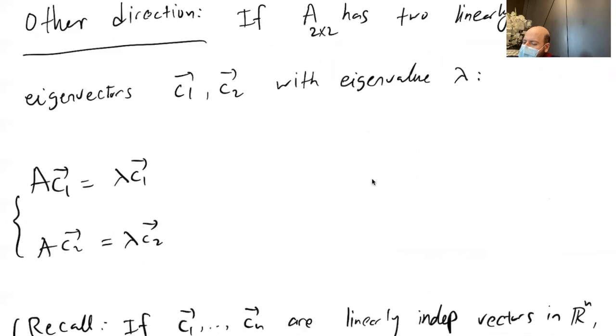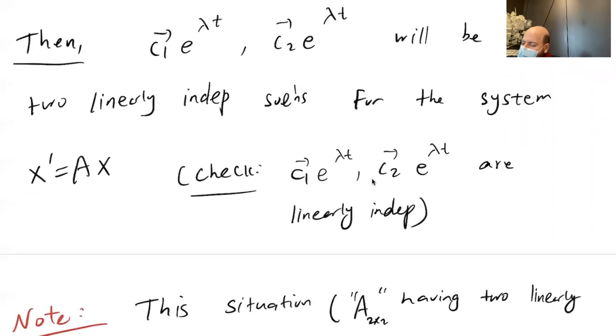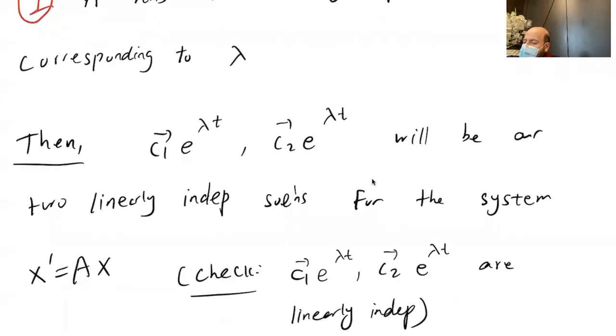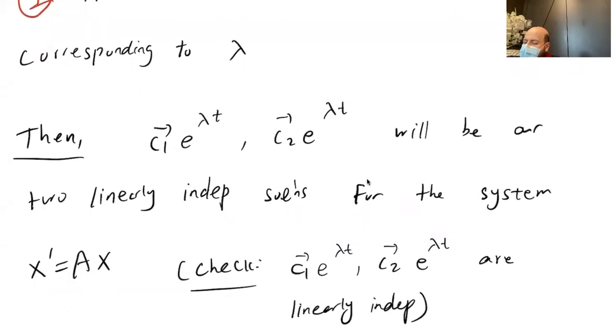And the summary is, if your matrix is diagonal with diagonal entries lambda, we have a repeated eigenvalue this way, and A will have two linearly independent eigenvectors, and the solutions can be written as C1 e to the power lambda t and C2 e to the power lambda t.